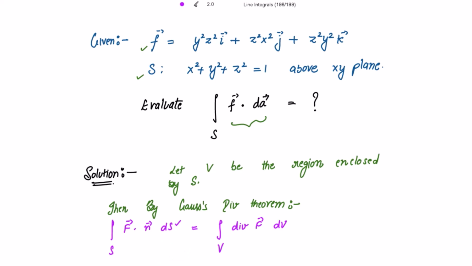So we can also take this to be equal to the surface integral of f vector dot dA vector. Either you can use it in this way or that way, it's up to you. Because it is given to us that f vector has the dot product with dA vector, I am going to use it in this way.